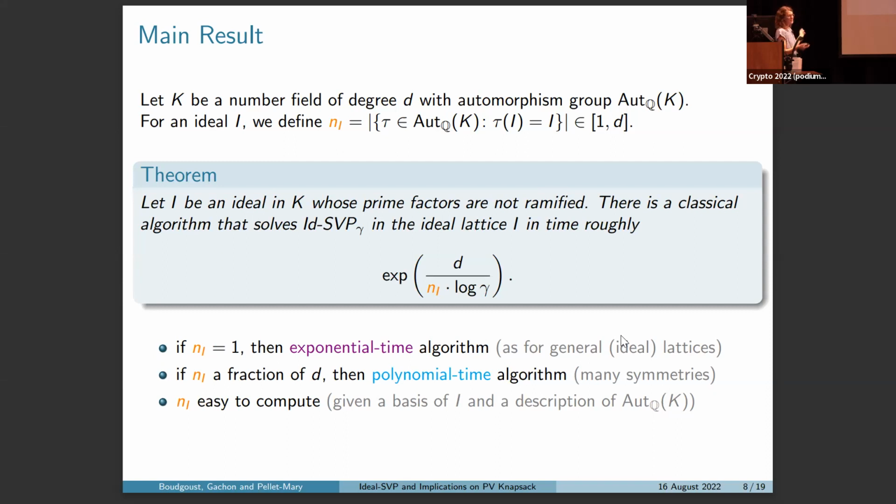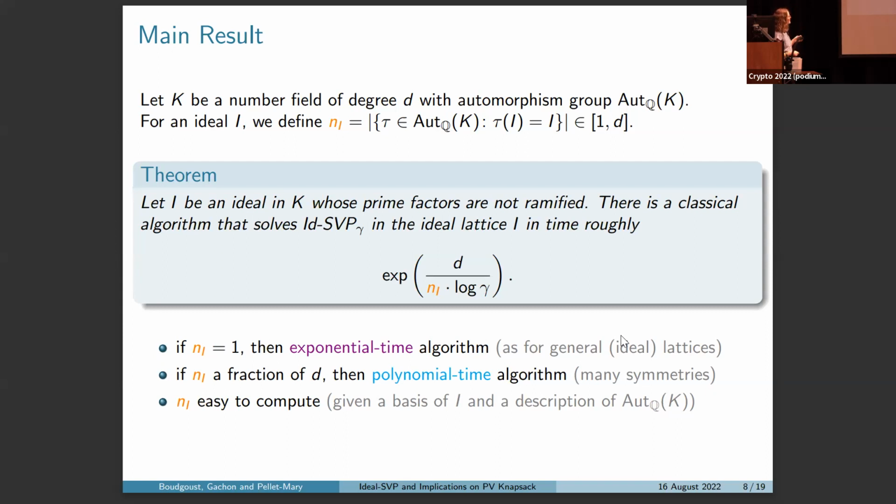And now comes the main theorem from our paper, where we show that if we have an ideal whose prime factors are not ramified, then we have a classical algorithm that solves the shortest vector problem on this ideal in time roughly exponential in D, the field degree, over Ni times log gamma, where gamma is the approximation factor.